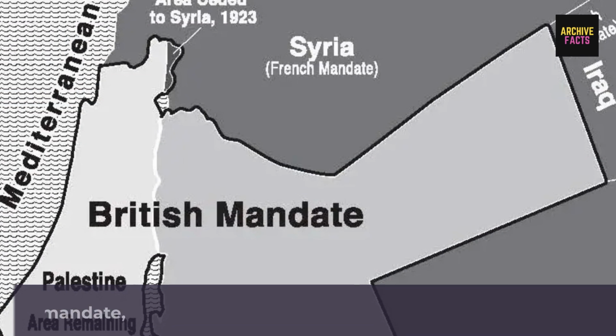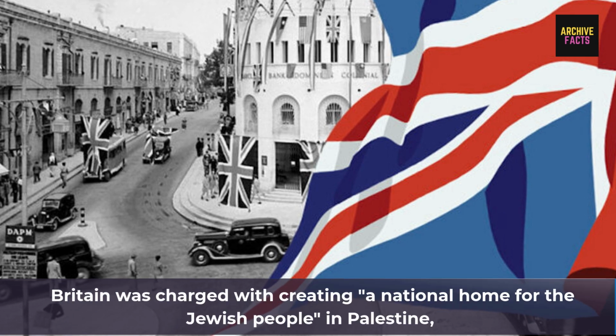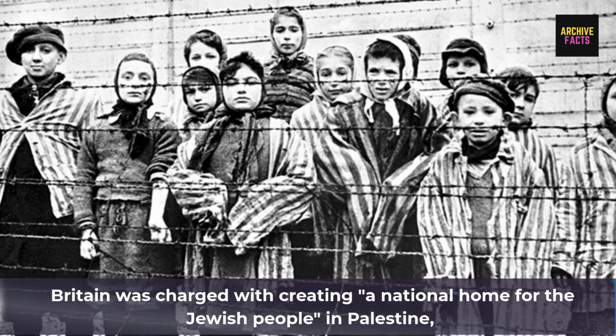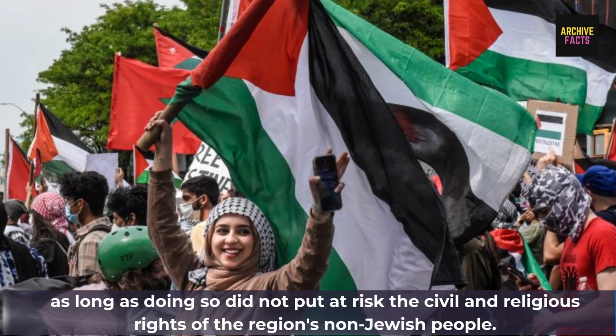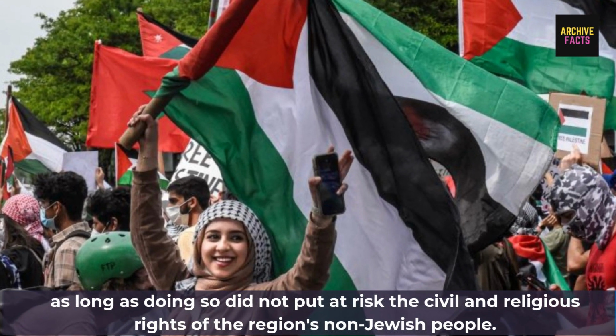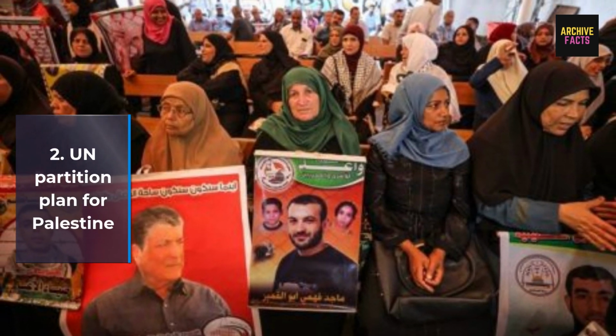In accordance with the conditions of the mandate, Britain was charged with creating a national home for the Jewish people in Palestine, as long as doing so did not put at risk the civil and religious rights of the region's non-Jewish people.